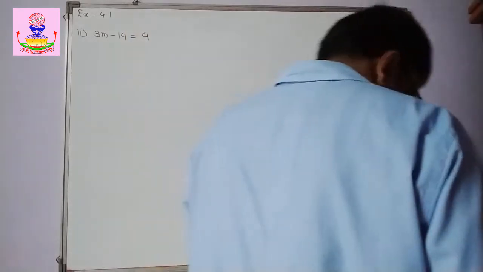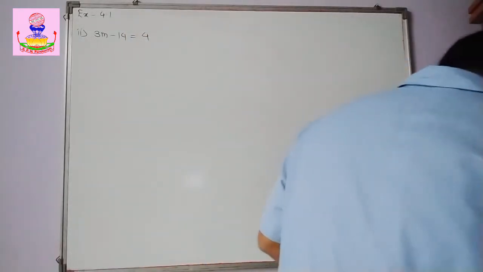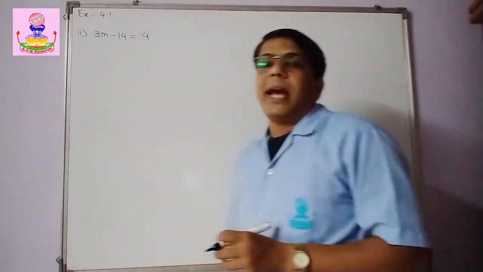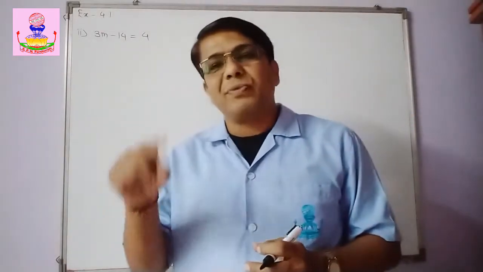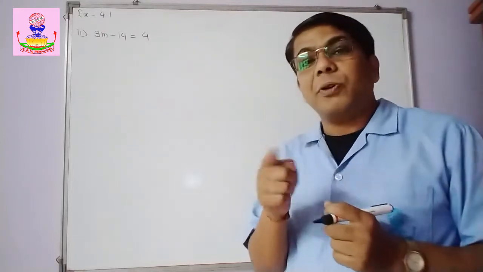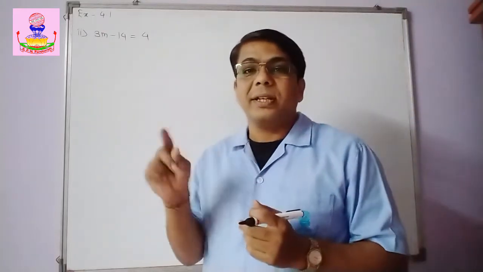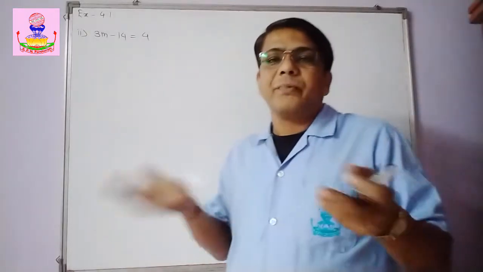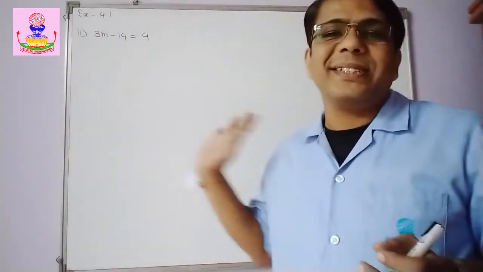You have to solve this equation by trial and error method, means different values we have to try. The value for which this equation is satisfied will be the solution of this equation.